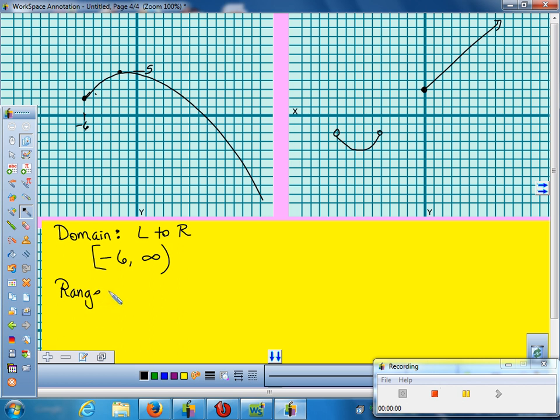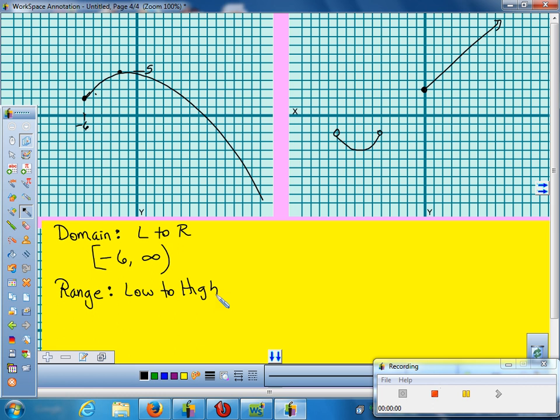Imagine that. Okay, so now range is y-coordinates. So instead of thinking left to right, what do you have to think on range? Do you go up to down? Do you go big numbers to small numbers? Down to up, yeah. Or low to high. So ask yourself, how low does this function go?